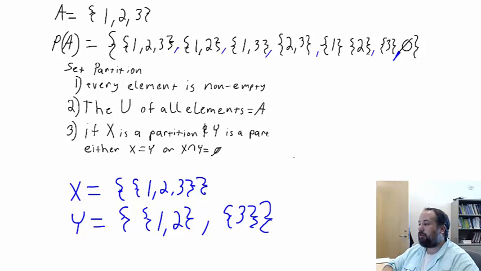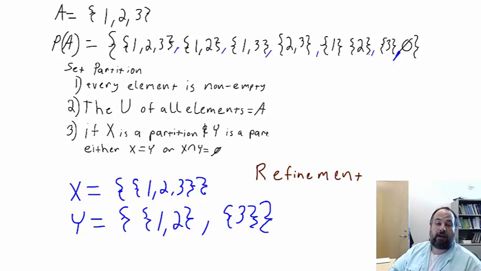Finally, I'd like to talk to you about refinement of a set partition. Refinement of a set partition is taking one or more of the sets within the partition and breaking it into smaller sets, such that you still have a set partition with more elements in it.